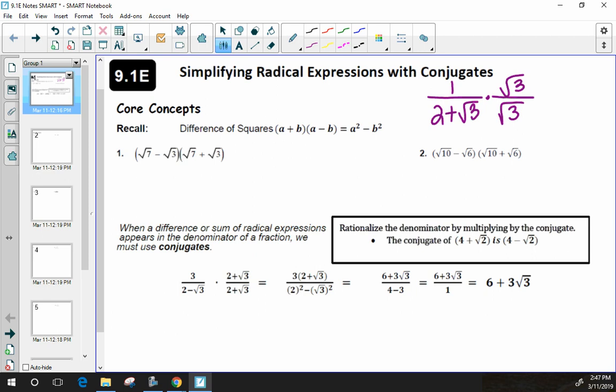The problem is that I'm going to now be forced, to be mathematically accurate, to do this correctly. I would be doing all of this times that. And that would involve me having to distribute this if I'm doing this correctly. And so, yes, square root of 3 times square root of 3 is going to be square root of 9, which is just a whole number 3. And that radical is going to go away. However, in my first term, I'm going to end up with 2 times what?